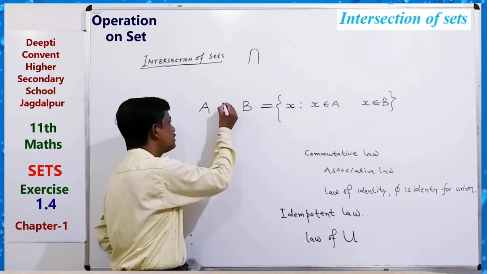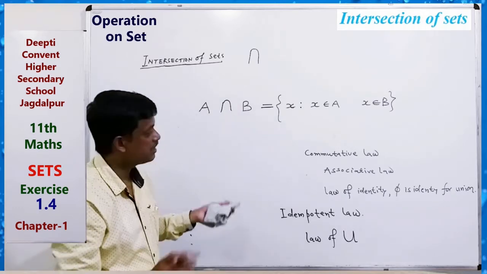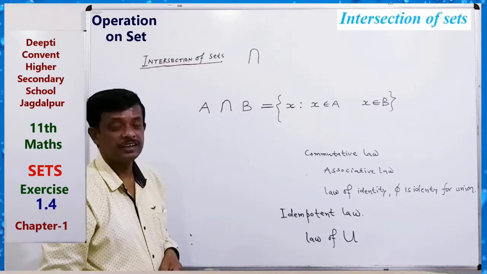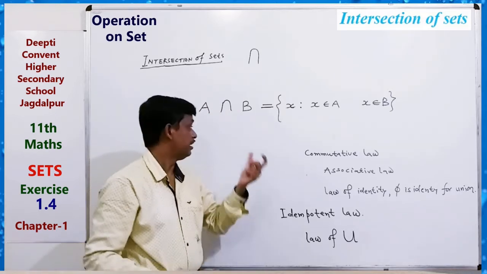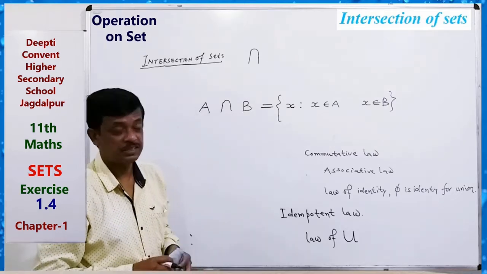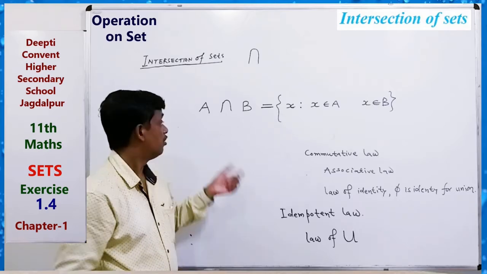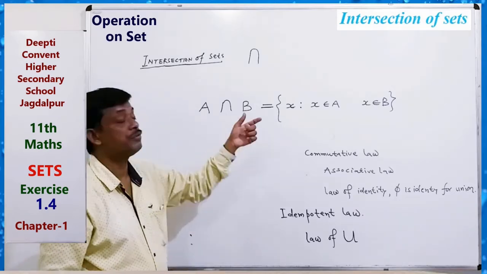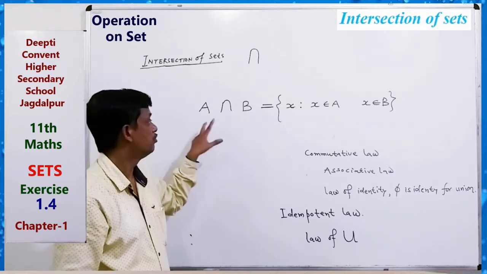So A intersection B is a set containing all the common elements of A and B. Maybe A and B contain some common elements. So the intersection of A and B is a set containing all the common elements of both sets.